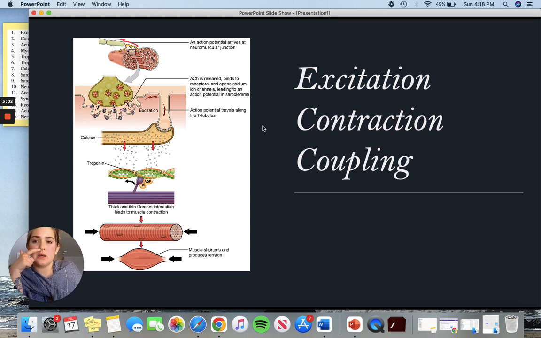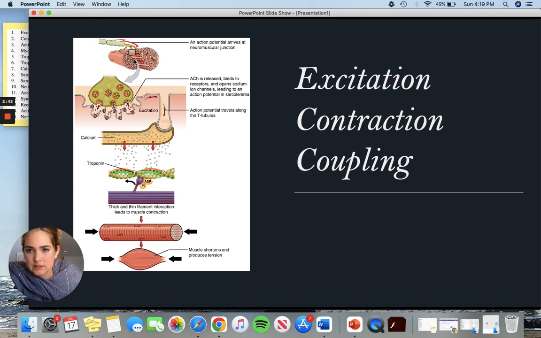This is a sequence of events along the sarcolemma that leads to the sliding of myofilaments. They release the acetylcholine and it binds to the sarcolemma. That triggers a contraction in the muscle fiber.